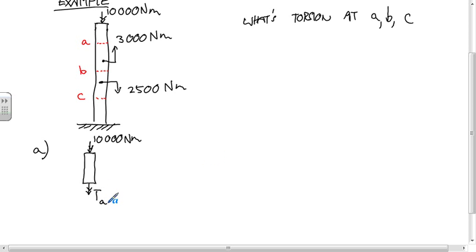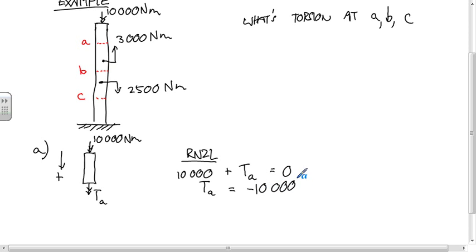And you know that rotational Newton's second law, if we're doing the calculation about the long axis of this column, says, well, we have to choose a positive axis. I guess let's call that positive. So then we have positive 10,000 plus TA is equal to 0. So TA is equal to negative 10,000 Newton meters.